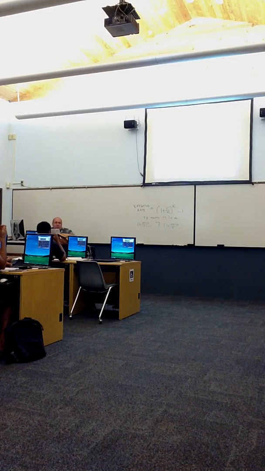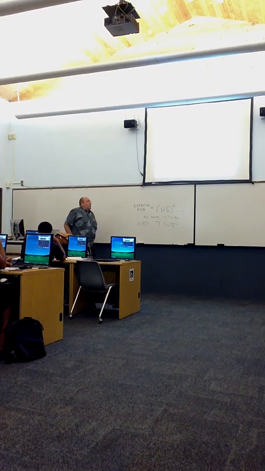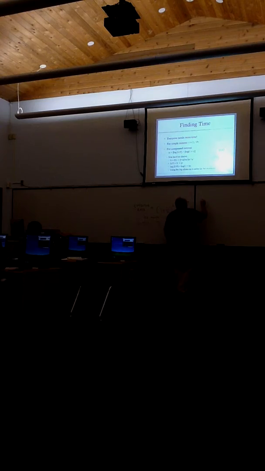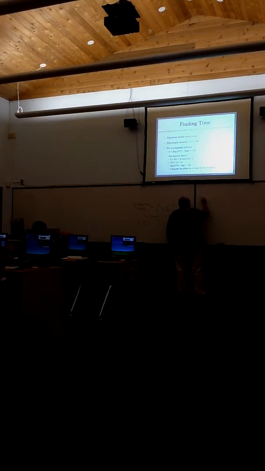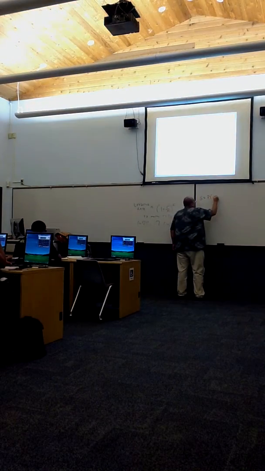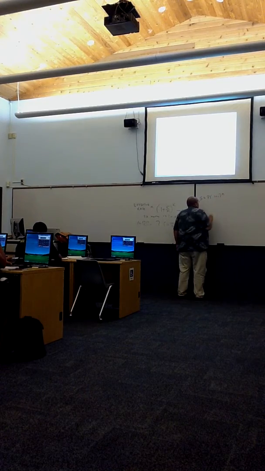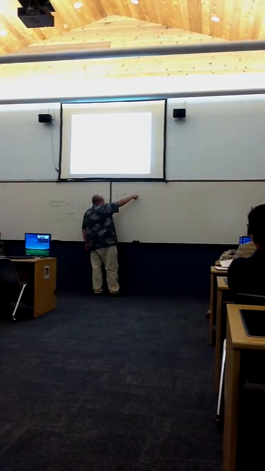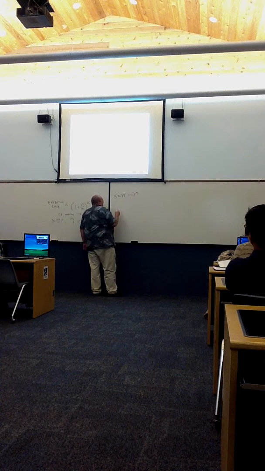Now, that brings us up to what we have to do today, which is finding time. All right? We had our equation that we were using for compound interest, S equals P times 1 plus I to the n. Well, we want to find time, we want to solve for n. Well, the first thing we're going to do is divide both sides by P. Okay? And that gets rid of this here.